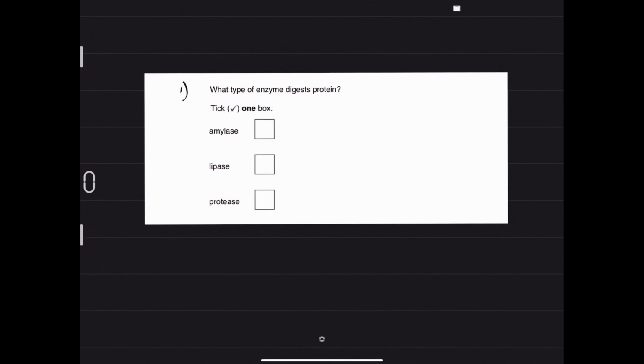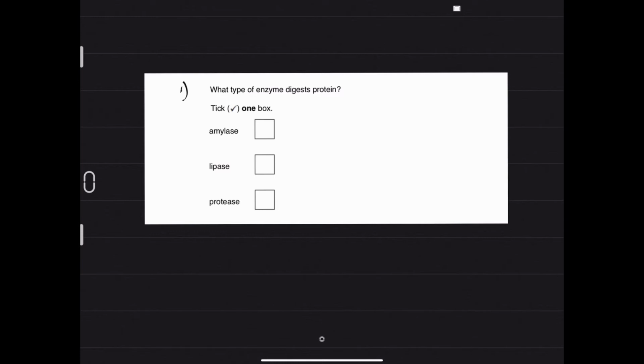Okay, a quick progress check. On Teams, I want you to answer this question back to me, and label it question 1. Just write down the correct answer. What type of enzyme digests protein?